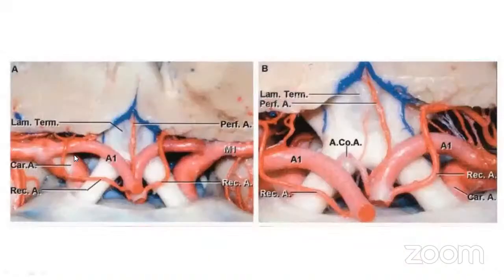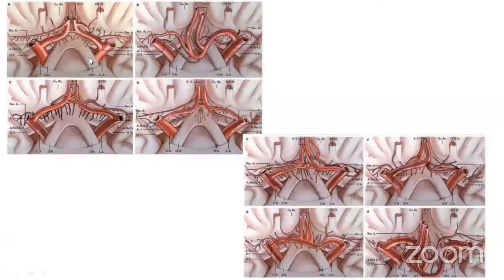So here you can visualize that it is arising. Here are the different variations of the recurrent artery of Heubner.